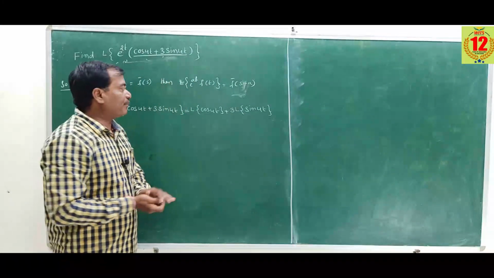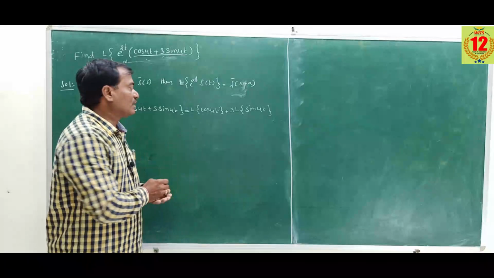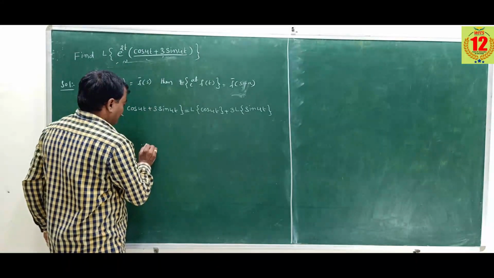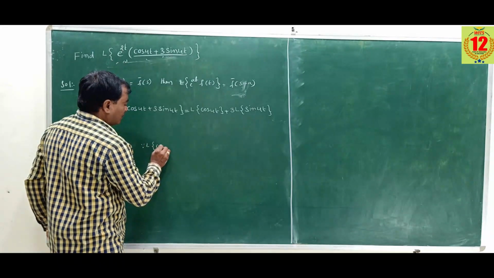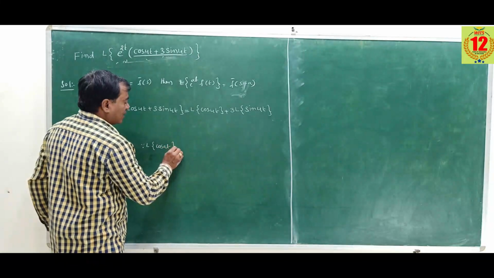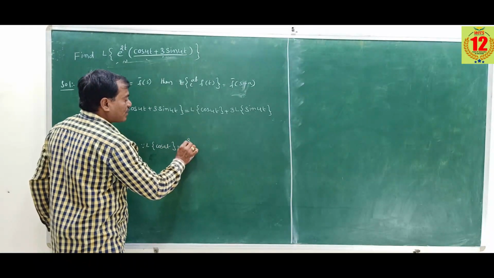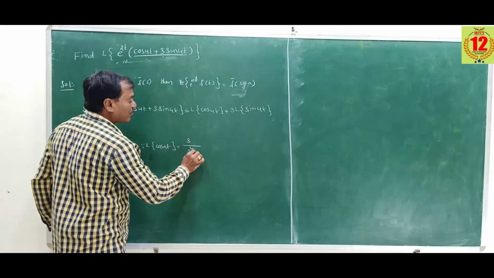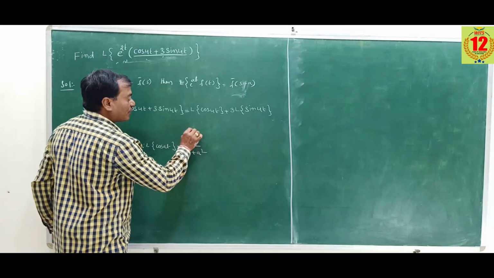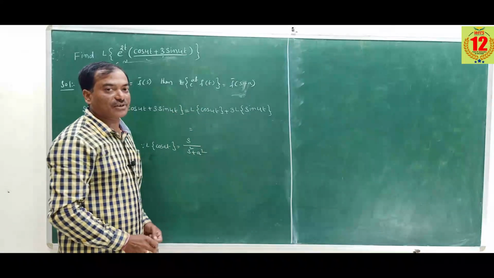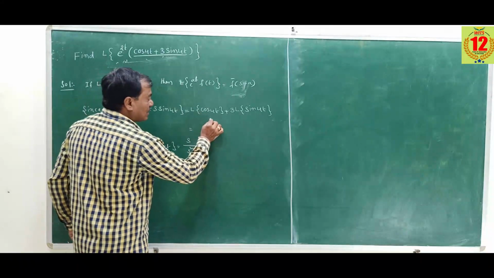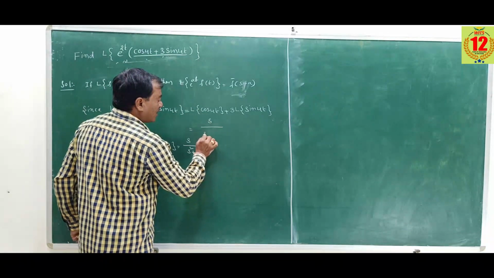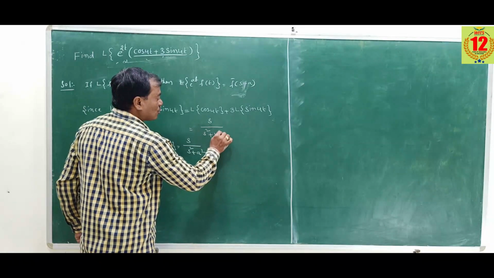How do we find the Laplace transform of cos 4t? Since the Laplace transform of cos at equals s by s square plus a square, the Laplace transform of cos 4t equals s by s square plus 4 square.